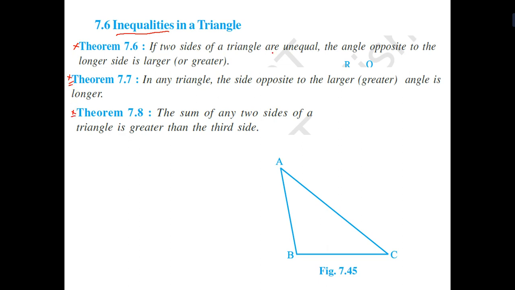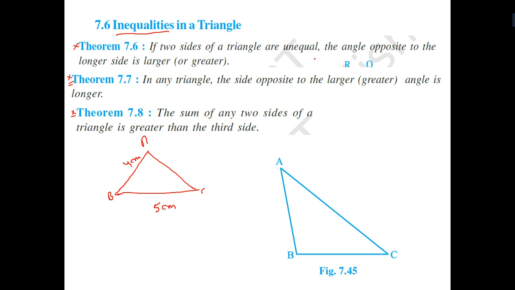If two sides of a triangle are unequal, then the angle opposite to the longer side is larger. So if we draw one triangle, say here it is 4 and here it is 5 centimeter.